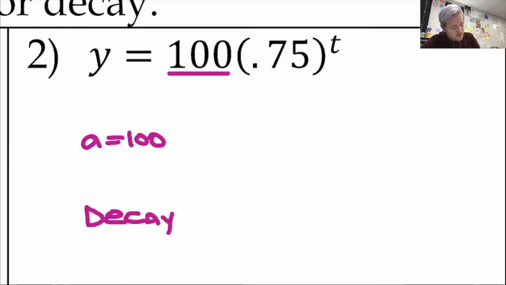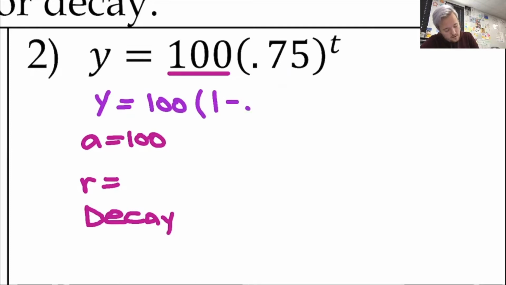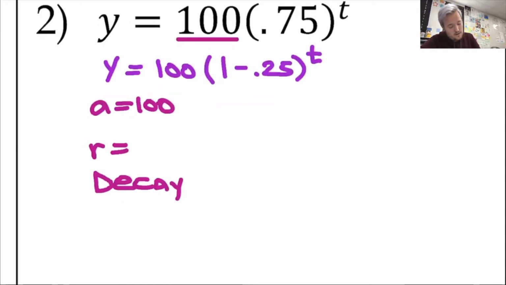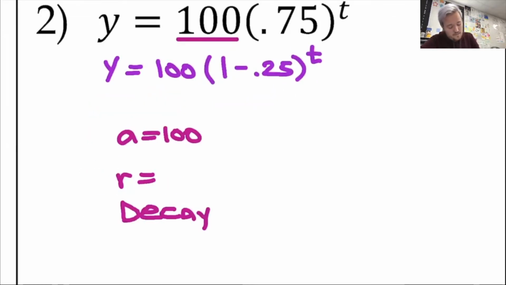We still need to find the r value, so I'm going to rewrite this equation as y equals 100 and then 1 minus 0.25, so that it's expanded and I can see what the growth rate is. Your growth rate is 0.25.